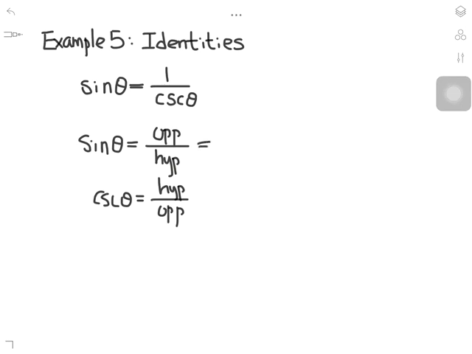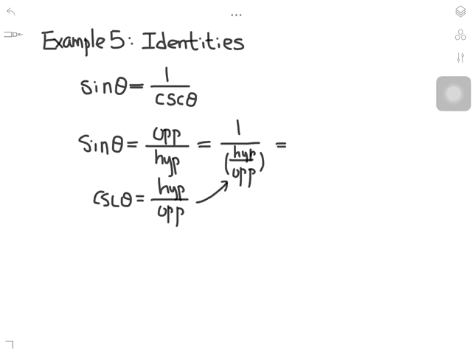So from the sine definition, if I write it like this, one over hypotenuse over the opposite, do you see that this is basically the cosecant theta?